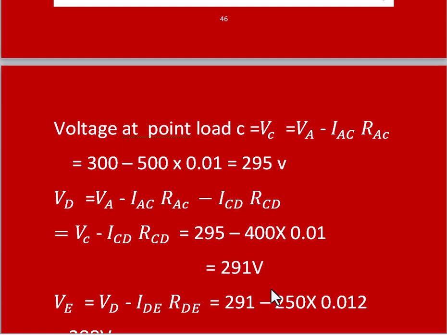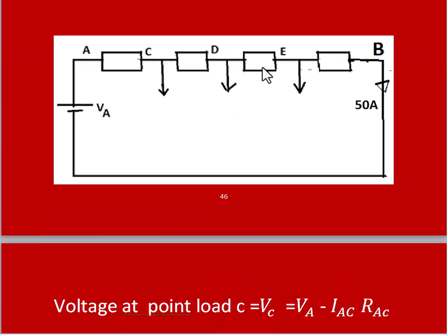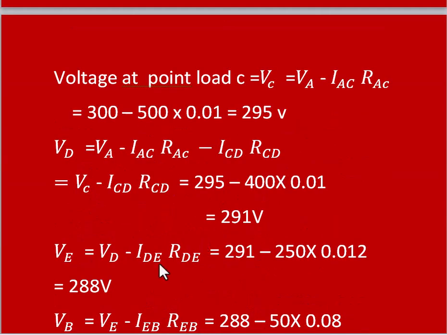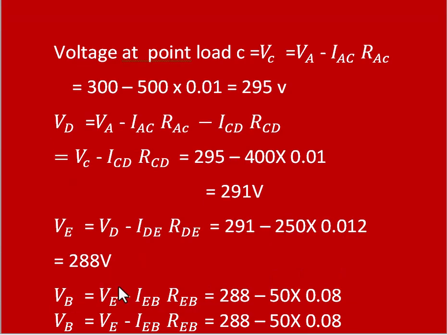Similarly VE we can also calculate, that is VD minus VDE. VDE is nothing but IDE into RDE. So that is 291 minus 250 into 0.012. After simplification, we get 288 volts.